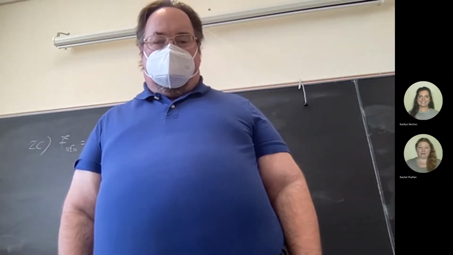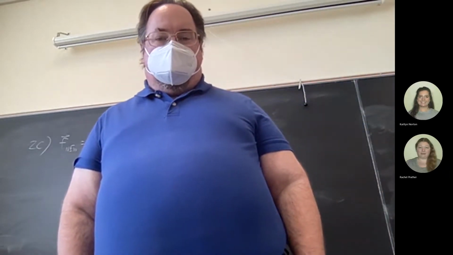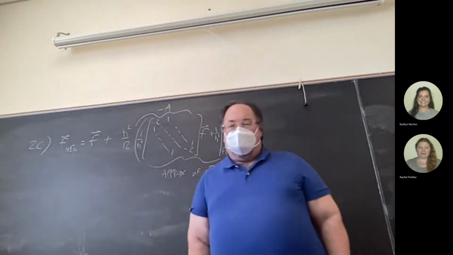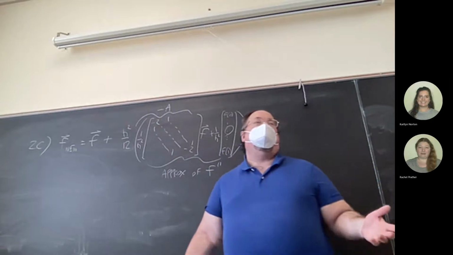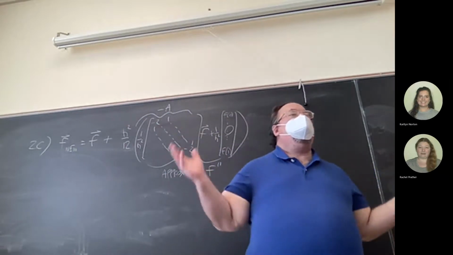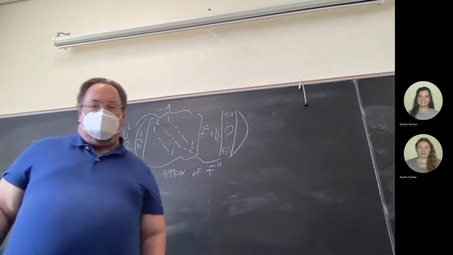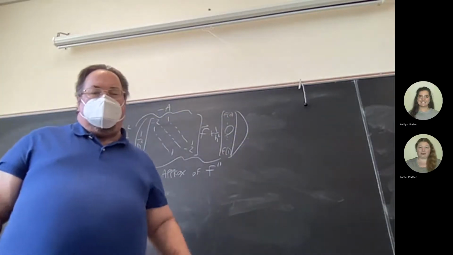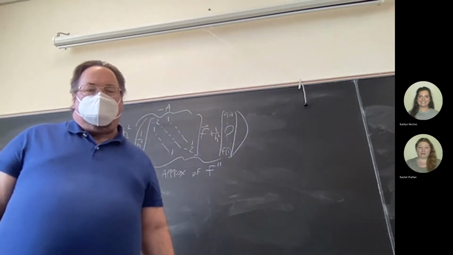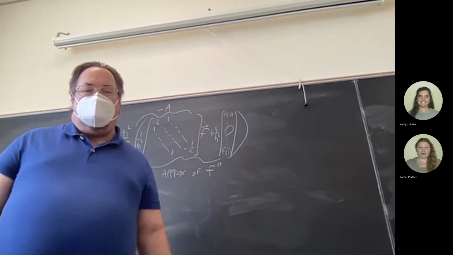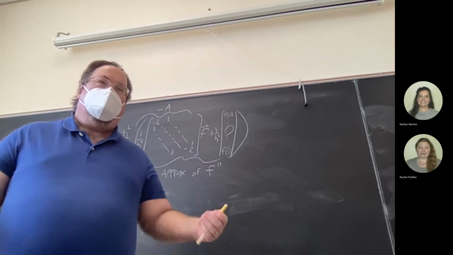Let's see. As far as part D is concerned, really, I'm just looking for you to tell me what you observe. Because what you're doing here, as far as the code goes, there's no deviation from what you had before, except you're just changing the right-hand side.